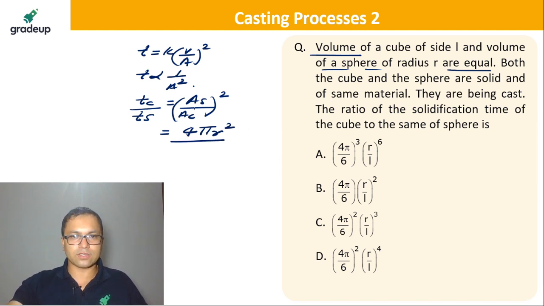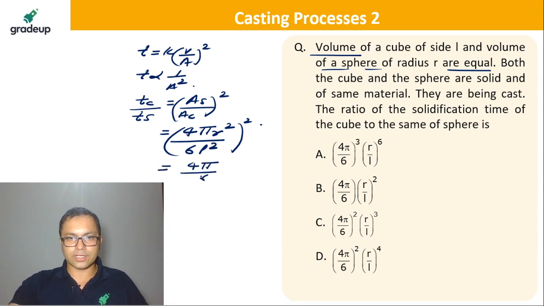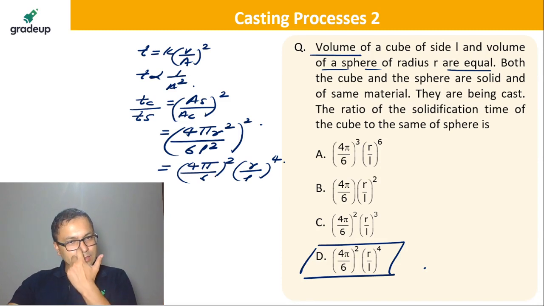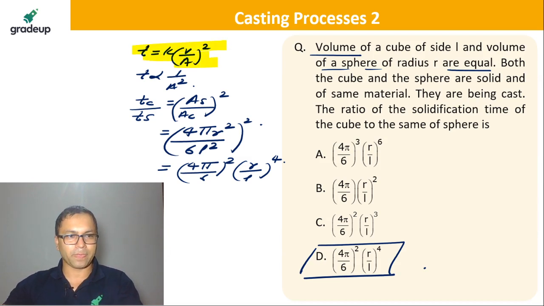We are talking about total surface area here, so that is nothing but 6L square. So 4 pi upon 6 whole square, r upon L to the power 4, hence it's going to be D. Ranvin, you are happy? We did one more question just for you. So D is the option here. Just take care of this relationship that we have talked about: K V upon A whole square.